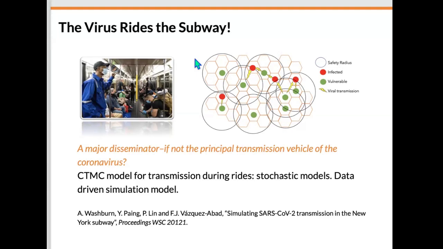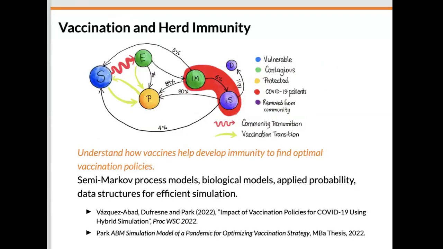So what we did was simulation models, but we used a continuous time Markov chain for the transmission of the virus. And then we did the whole simulation along one subway line called the L line in New York using data. Our finding was that, yes, you could get the virus riding the subway.